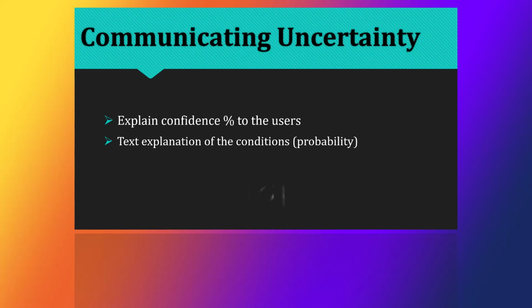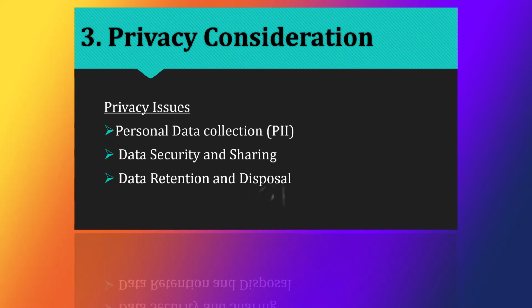So that's how we will communicate. And the third question or assignment is privacy considerations. In the privacy considerations, we have privacy issues. That's personal data collection, PII, personal identifiable data.